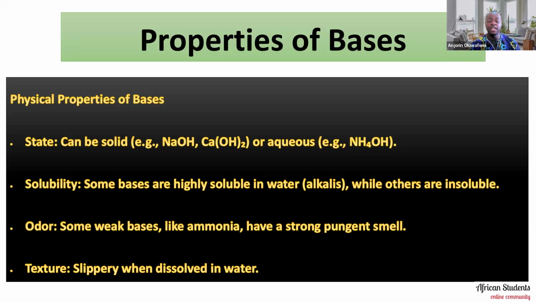In terms of solubility, some bases are highly soluble in water, they're alkalis, while others are insoluble. In terms of odor, some weak bases like ammonia have a very pungent smell. And in terms of texture, they can be slippery when dissolved in water. These are the physical properties of bases.